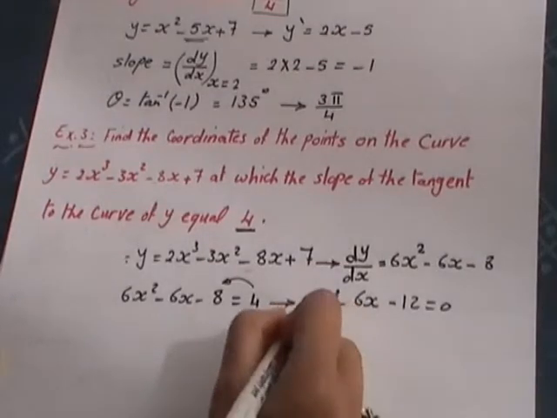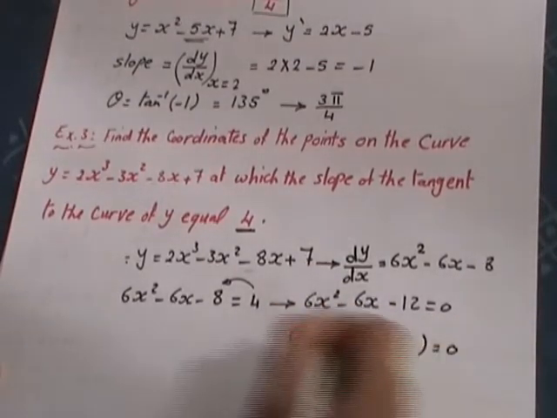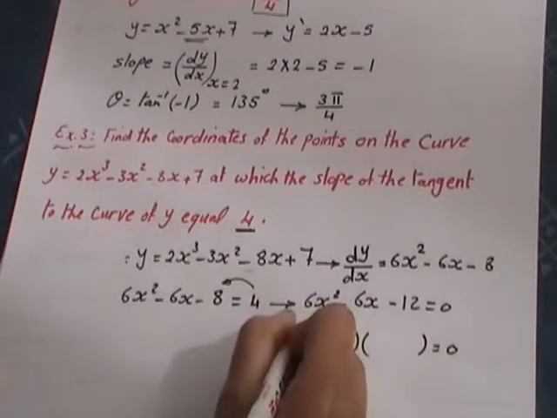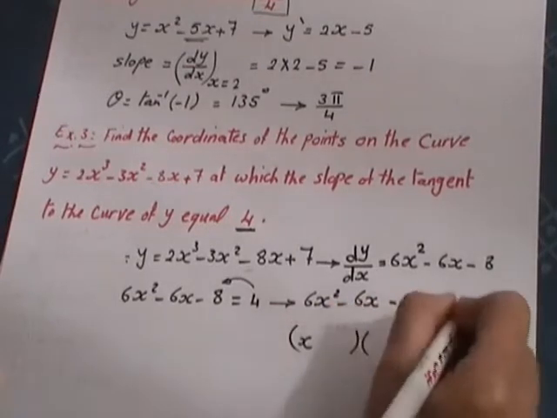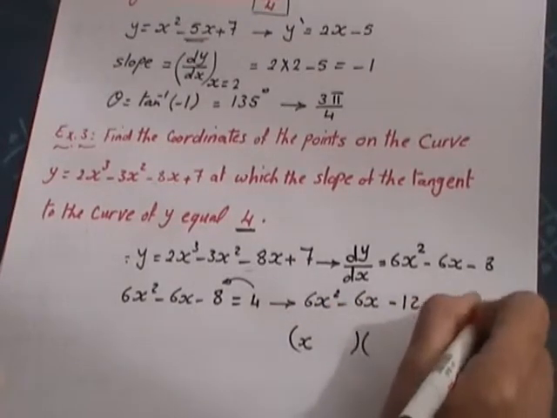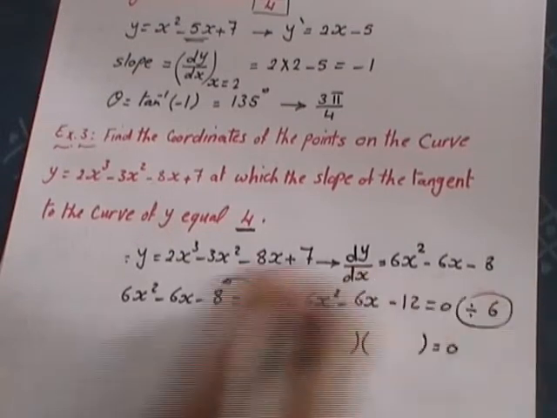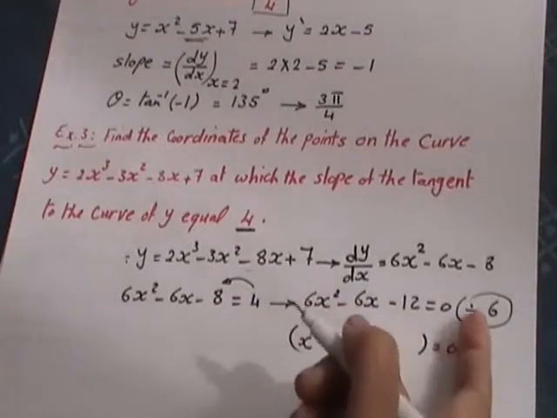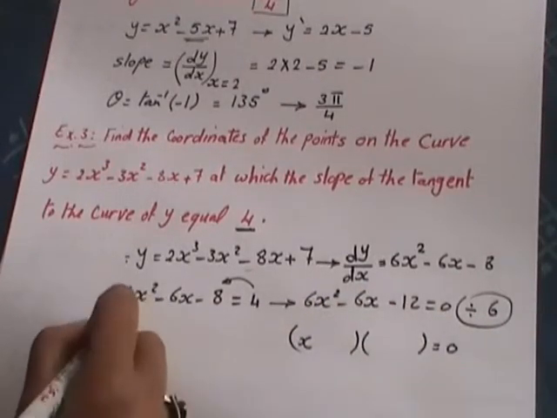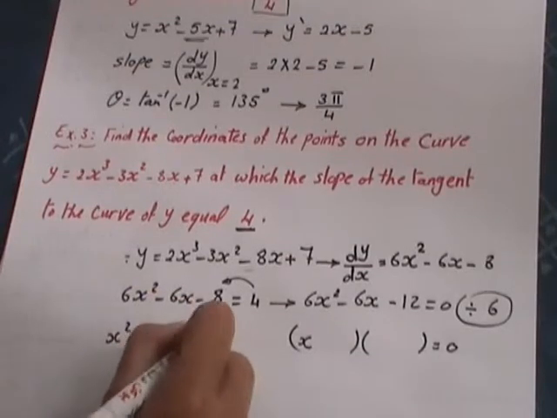So we factorize into 2 brackets equals 0, x and x. We divide this equation by 6 to make it easier. We divide all terms of this equation by 6. It will be x squared minus x minus 2 equals 0.